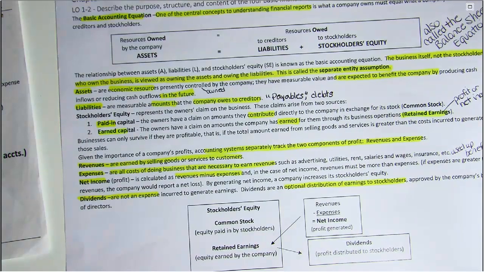And the reason why it's so important is that the way we record increases and decreases to assets, for example, is the opposite way that you record increases and decreases to liabilities and stockholders' equity items. So if you don't know the account type, you won't be able to apply the rules. It's very important that you know which is which.